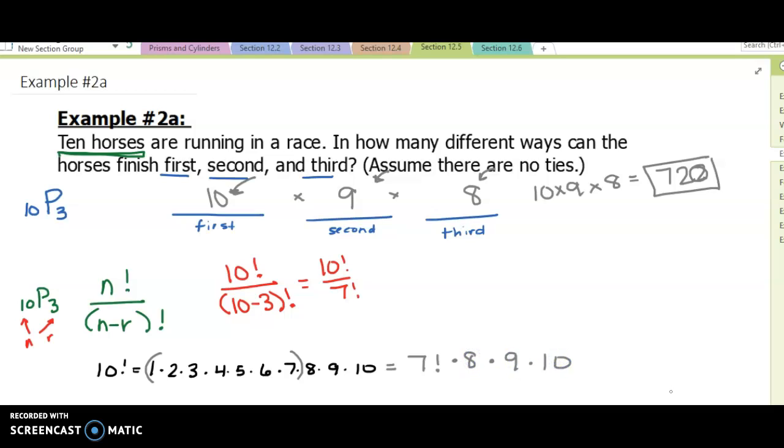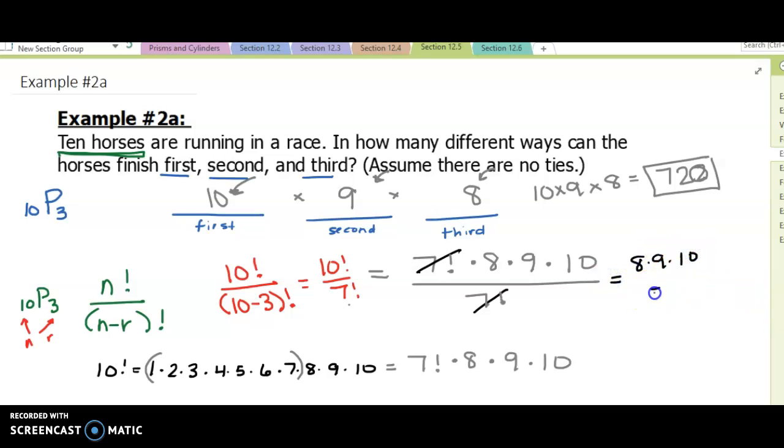It's the same thing. So I'm going to rewrite this 10 factorial as that, and you'll see why in a minute. So 7 factorial times 8 times 9 times 10 over 7 factorial. Most of you probably see it. The reason I wrote it like that is because this factorial and this factorial cancel each other out. So I'm left with just 8 times 9 times 10, which is 720. Whichever way works for you, do it that way, that's fine.